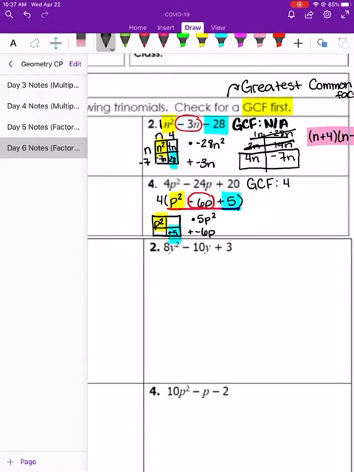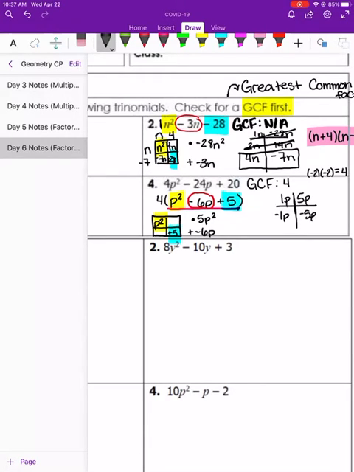Okay, well, let me rewrite this. We had a 1p and a 5p, two numbers that multiply to give me 5p squared. This is a positive 5p, and if we remember, 2 negatives make a positive. Negative 2 times negative 2 equals a positive 4. So let's see what happens if we make both of these negative.